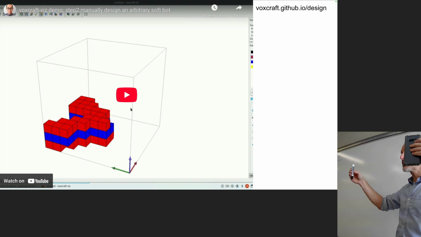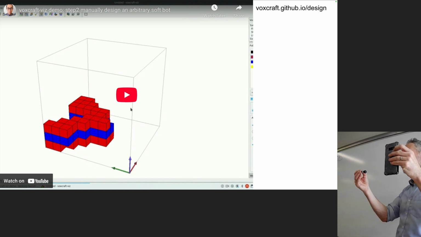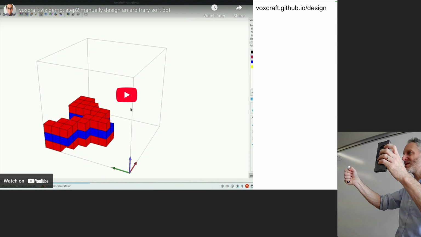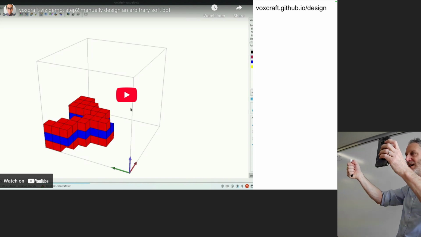3 of those numbers describe linear stiffness, meaning that if the x positions of the 2 ends of a beam move relative to one another, the bigger that first number is, the more it resists this kind of motion. The second number describes how much the beam resists this kind of motion.